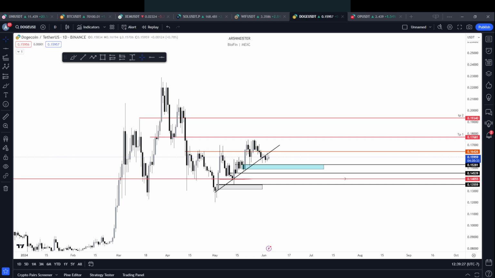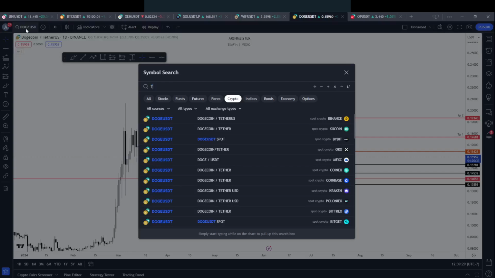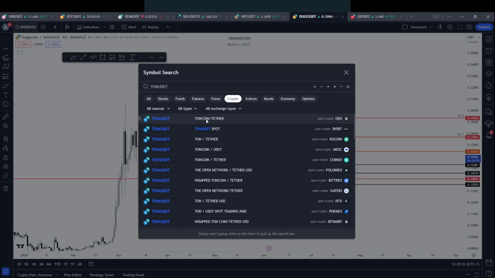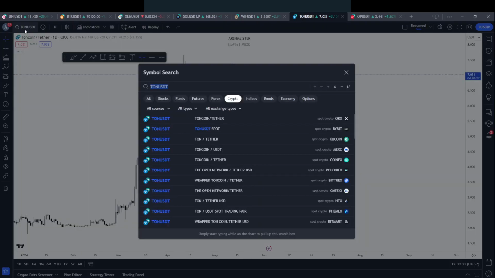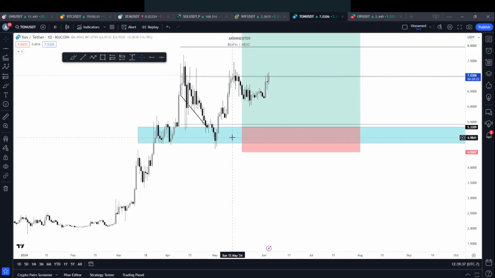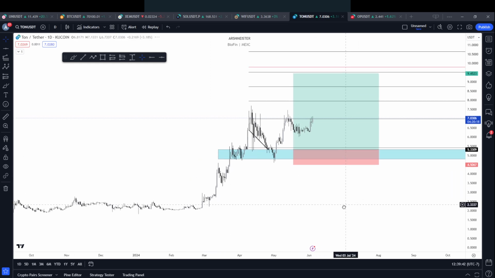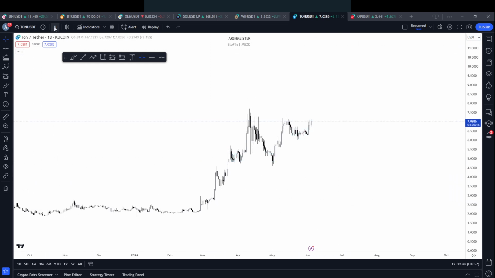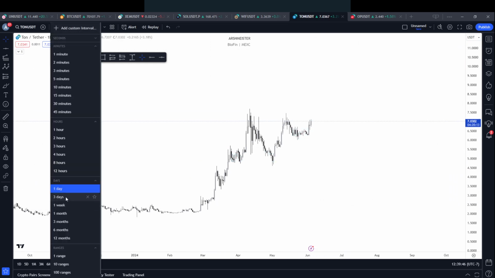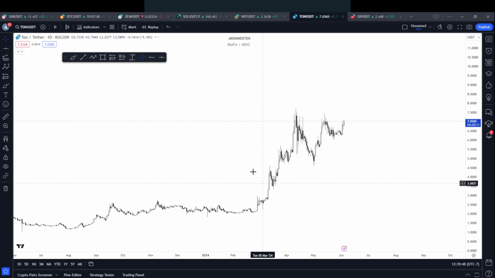Okay, let's take a look at TON. OKEX, let's do KuCoin. Don't remember when I charted this, but let's take a look. All right.